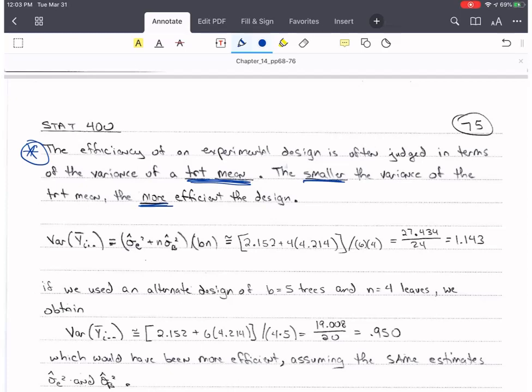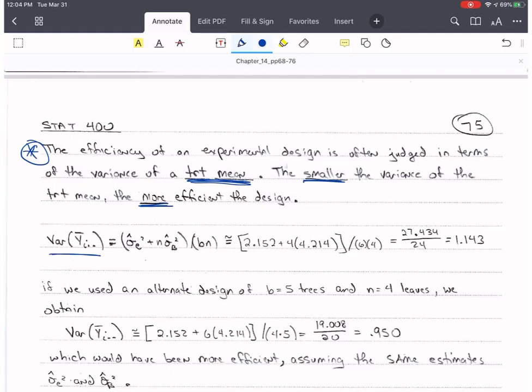We have computers, so in this case, we're not redoing the analysis with a different sample design, but we can say if we kept everything the same, so all the estimates were the same, and we changed the design, which one would be more efficient? First we have to figure out the variance of the treatment mean, yi dot bar.